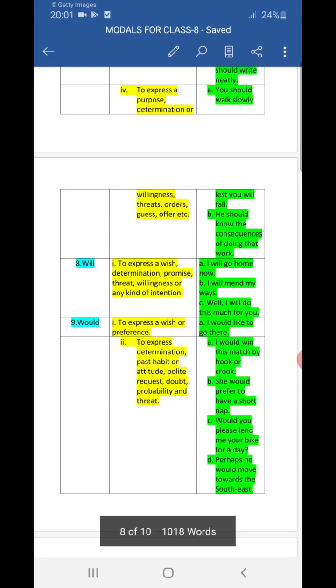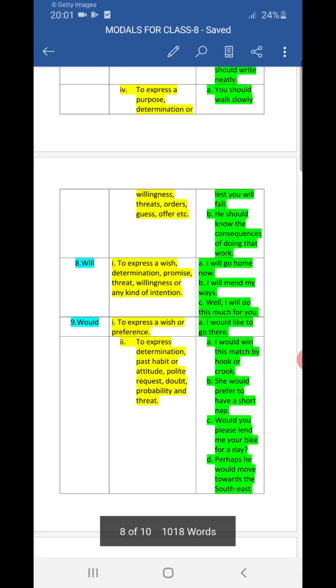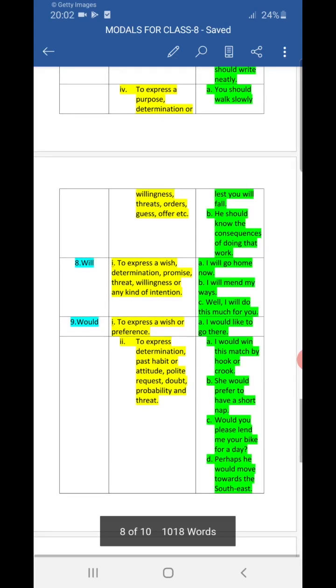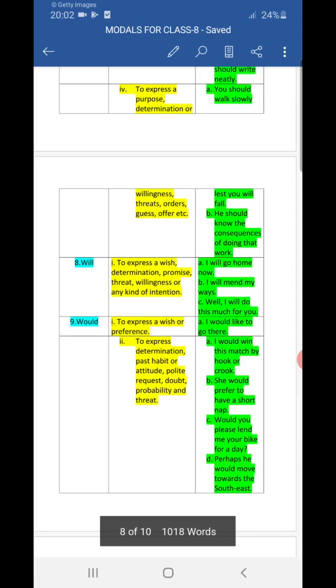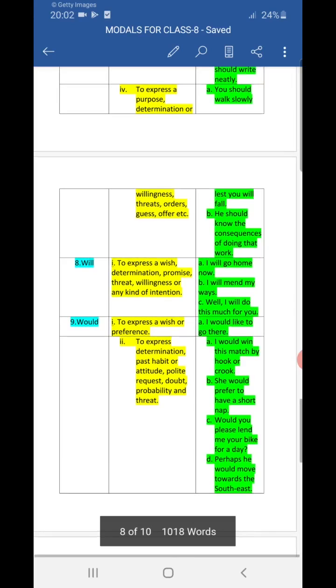So, it's a kind of promise. Yes, it's a promise basically that someone is making for someone else. That, well, I will do this much for you.